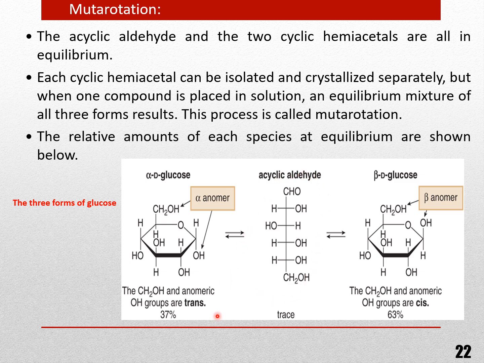So when you add together 63 plus 37, what is left is almost 100%. So this acyclic aldehyde is very, very little in concentration compared to the alpha D-glucose and beta D-glucose.